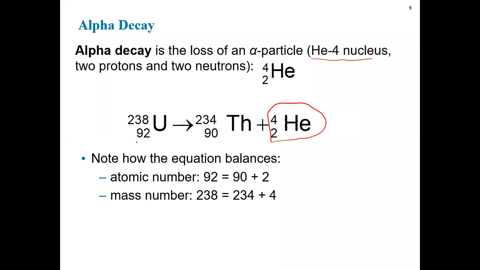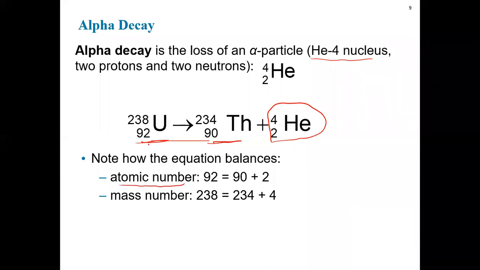So then this one, if I give you this, you can find out what this is by taking 92 minus 2, to get 90. Then you go to the periodic table and see what is 90. 90 is thorium. And then you check the balance of the equation. You check the balance of atomic number.